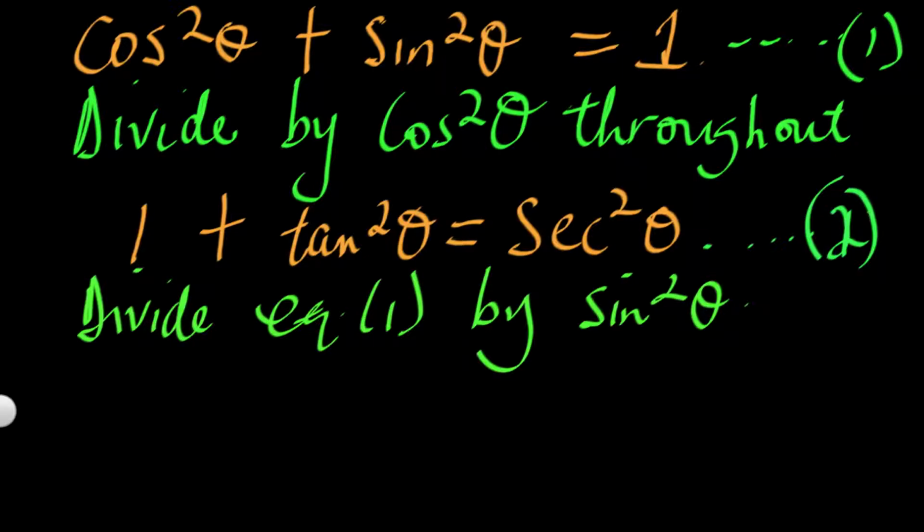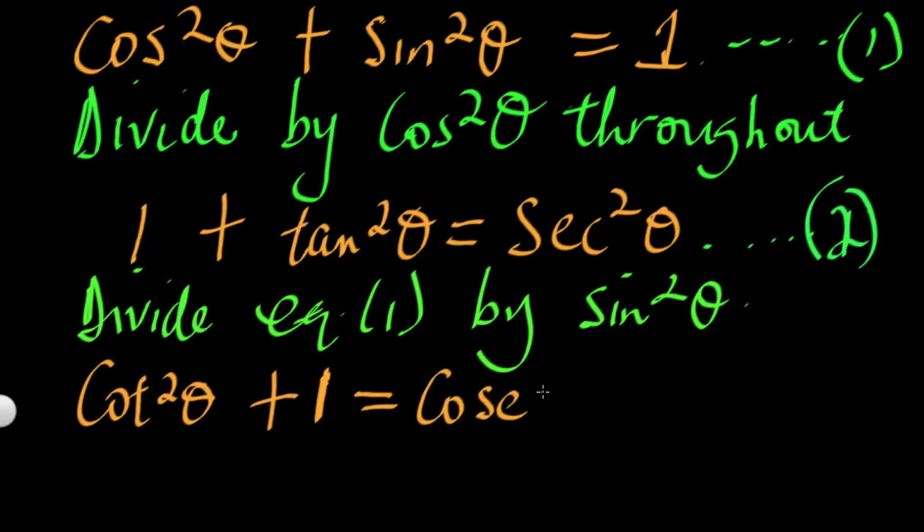So this is cot squared theta, cot squared theta plus 1 is equal to, if I divide 1 by sine squared theta, I get cosec squared theta. I'm going to call this my equation 3. So I have derived 3 important equations here.